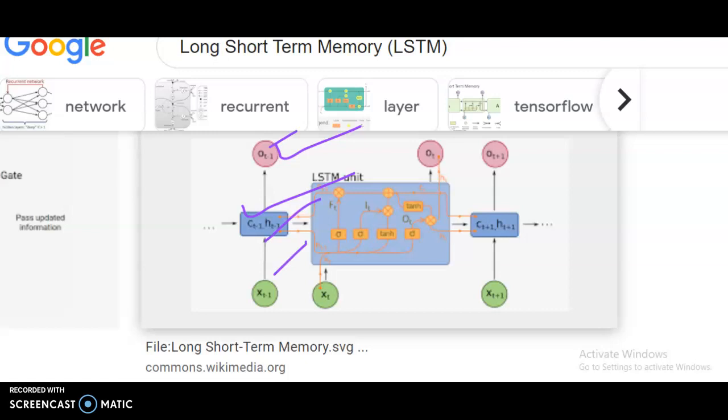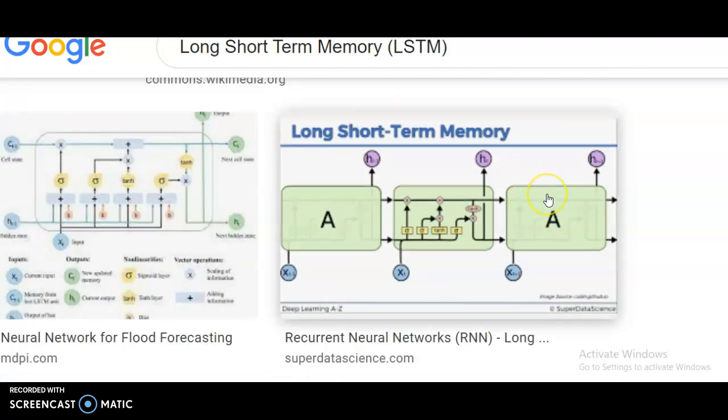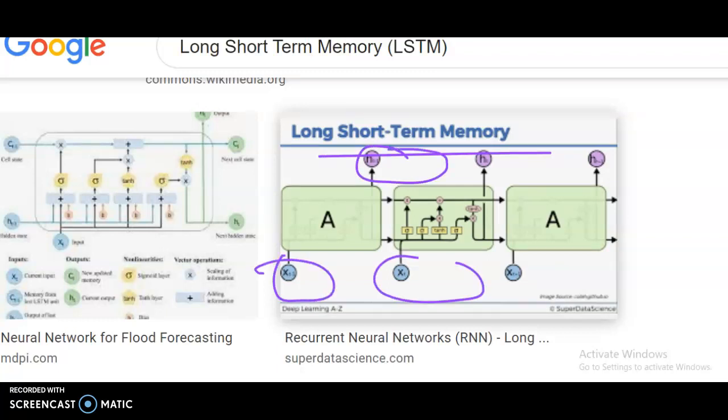This is t minus 1, X t. These are LSTM units. t plus 1, C t plus 1, H t plus 1, X t plus 1. So this one also we can see, long short-term memory here connected input.